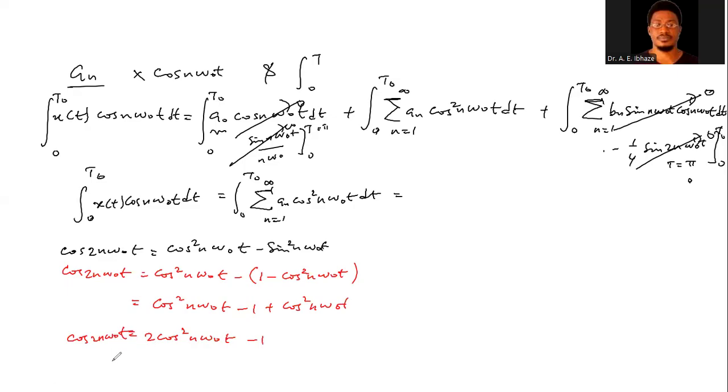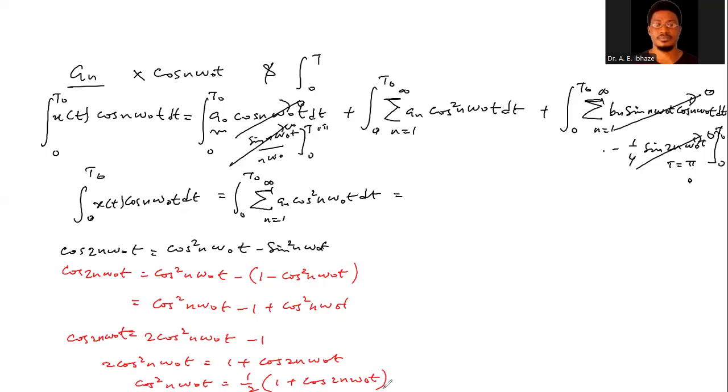So it means that 2 cos squared n omega naught t is the same as 1 plus cos 2n omega naught t. And then cos squared n omega naught t will be the same as 1/2 times this entire process, 1 plus cos 2n omega naught t, right?